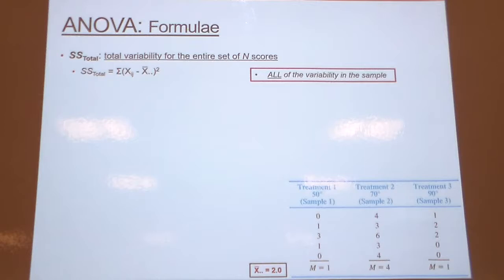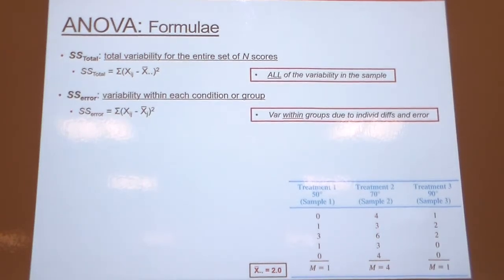So if we take every score in our entire set, subtract the grand mean from it, and square that, that's going to give us our sum of squares total. That's the total piece of the pie we're working with. This is all the variability in the sample. This is all the variability that we're trying to account for. Okay.